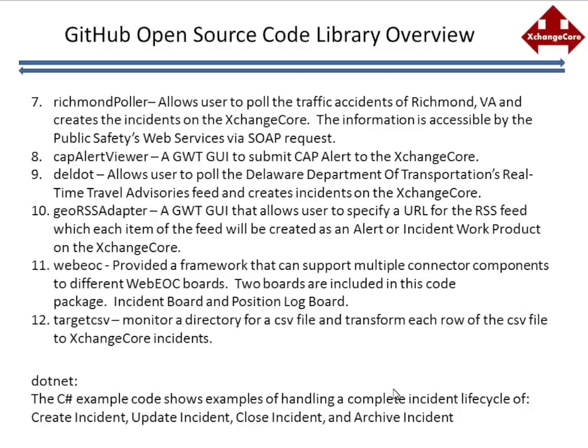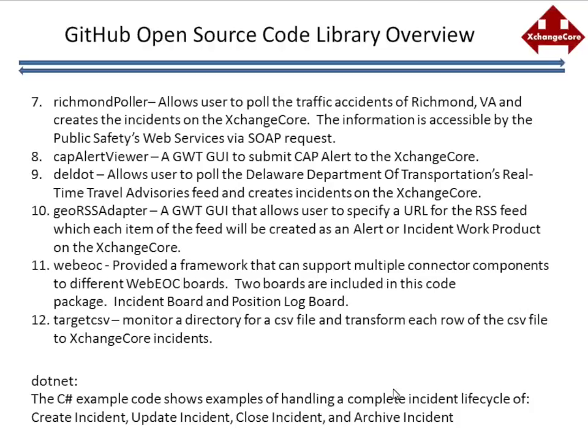With Richmond Polar, this was developed for specific use, but we decided to post it nevertheless because it may be of use to folks in your jurisdiction. Specifically, Richmond, Virginia has exposed their traffic accidents via web services.